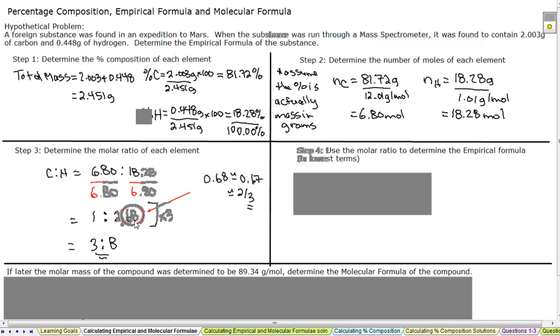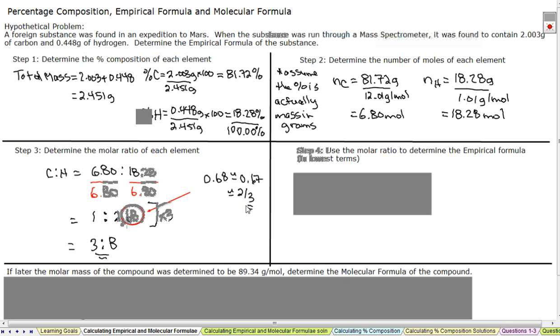But in this case we get a 0.68, and I purposely picked this question because it's a little trickier. 0.68 is pretty close to 0.67 as a decimal. And if you know your decimals, you'll realize that 0.67 is the same as saying 2/3. So really, this isn't 2.68, or it could be, but we could also look at this as 2 2/3.